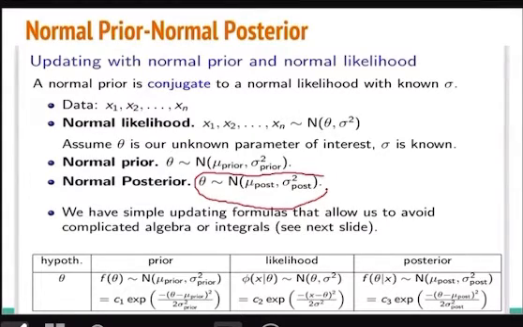The posterior mean is going to be a function of the prior mean and the likelihood mean, you're going to see. Any question up to this point? Any question? Go ahead.